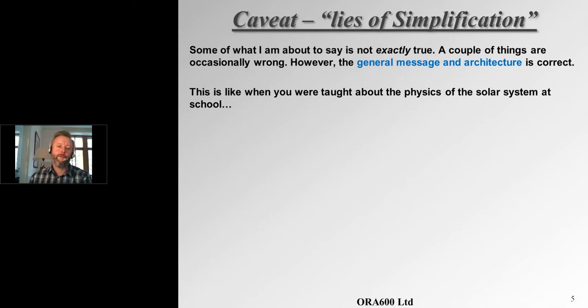So this talk is all about those broad brush general truths and realities of the database. There are always lots of gotchas and caveats, but if you've got the basis right, all those caveats make more sense, and in fact all the advanced features of Oracle make more sense once you've got these basics together.